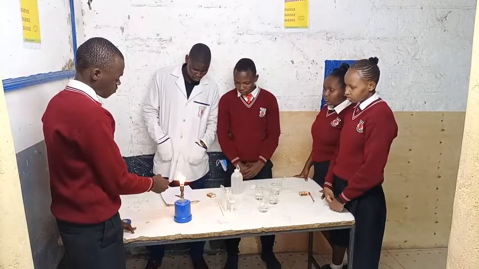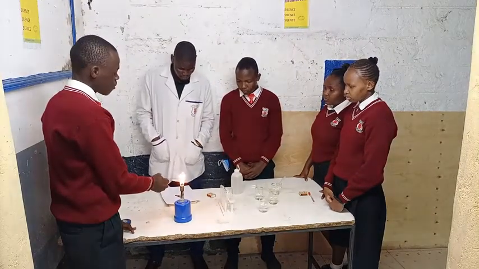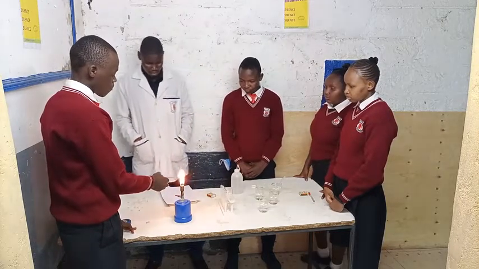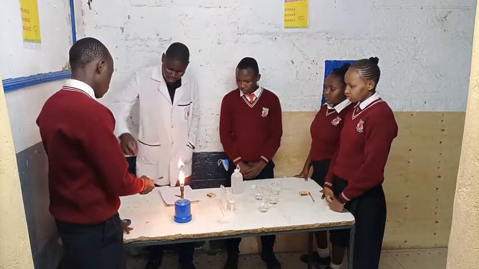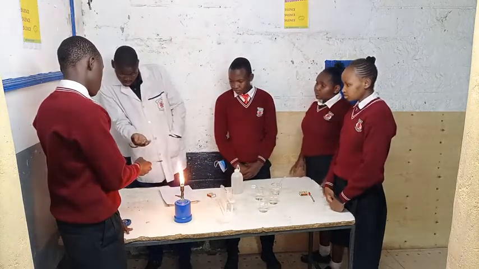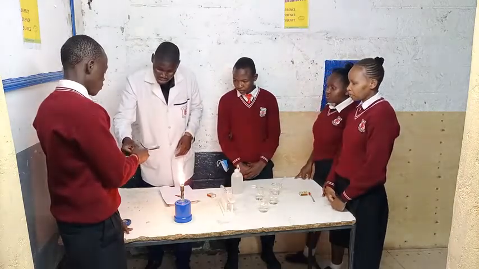Now, when you see brown fumes, which conclusion can you make? A nitrate salt. Very good. That simply means that nitrate is present, and you can see the brown fumes.